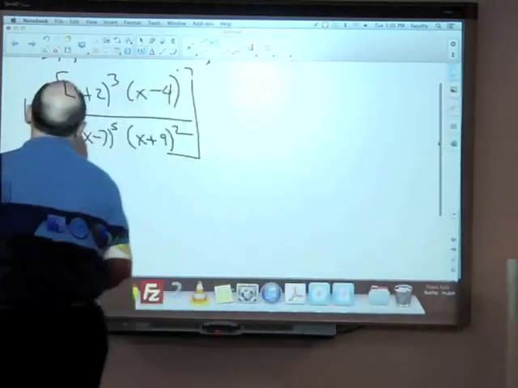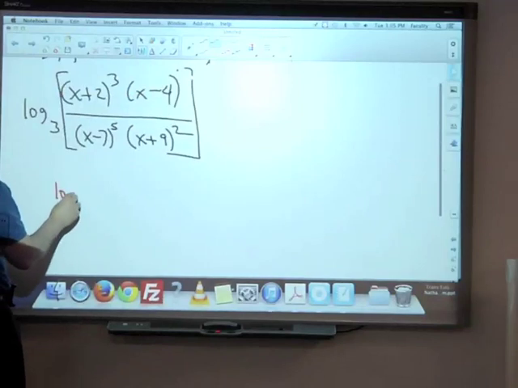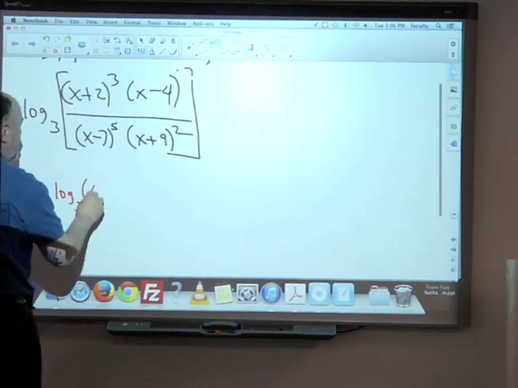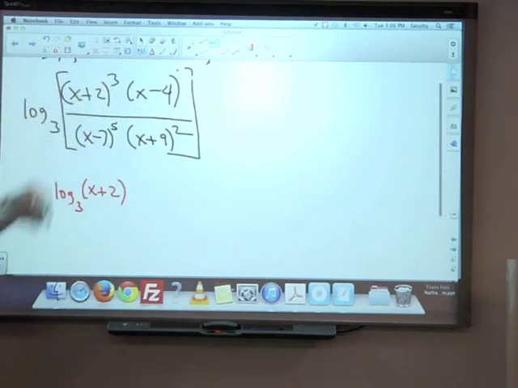So first off, let's start with the top. We got log base 3, and then we get the x plus 2. By the power rule, the 3 comes up front. That's what the power rule says: you bring the exponent to the front.